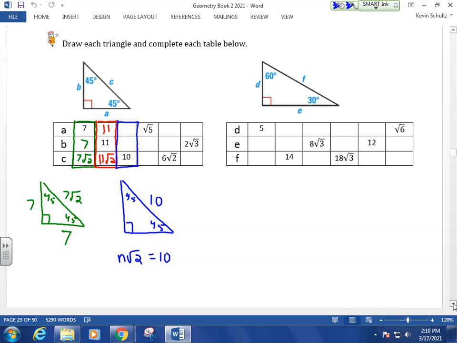If the hypotenuse is the N root 2 side, and that is 10, then N root 2 must equal 10. Now, because we don't want our answers in decimal forms, we're not going to take out our calculator and divide 10 by root of 2. Instead, we're going to use algebra. How do I get N by itself here? If I'm multiplying N by the root of 2, how would I undo that to get N by itself?